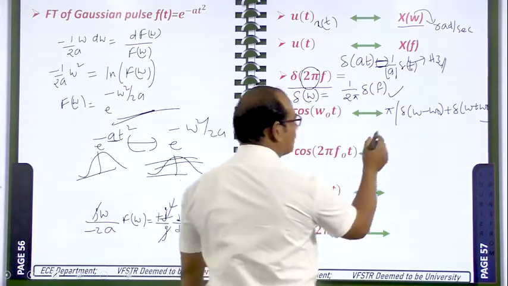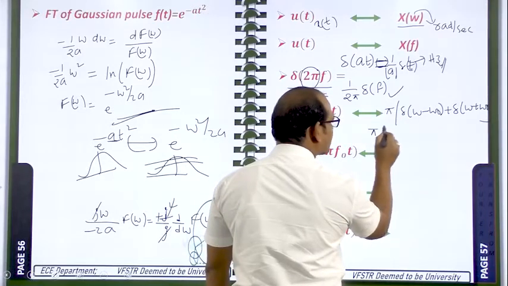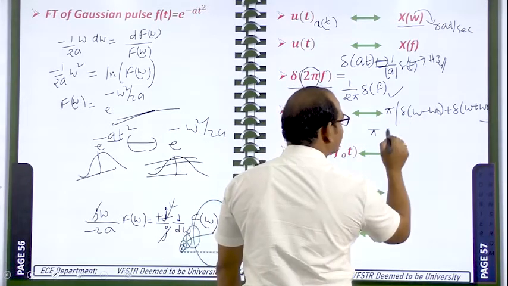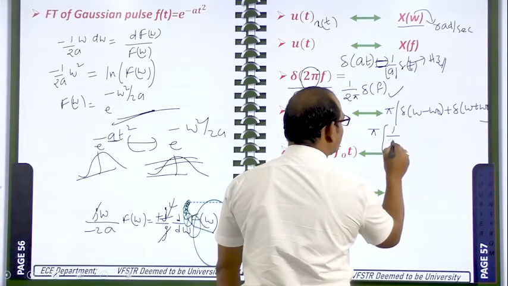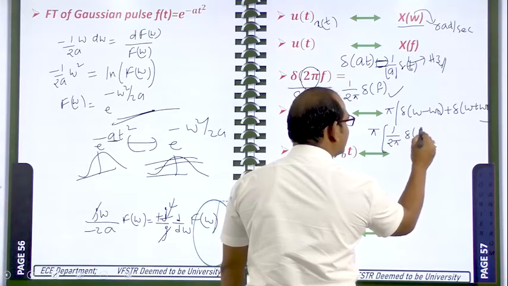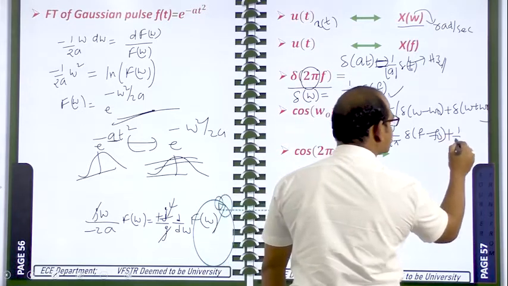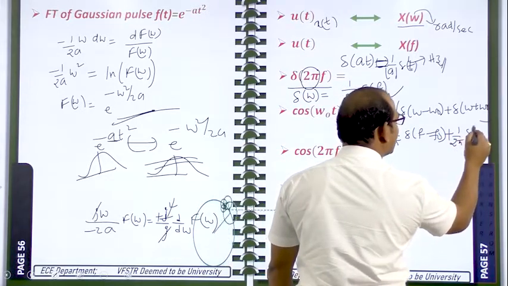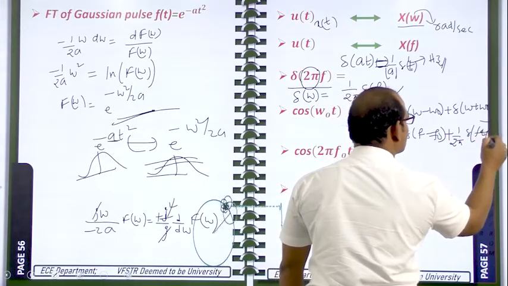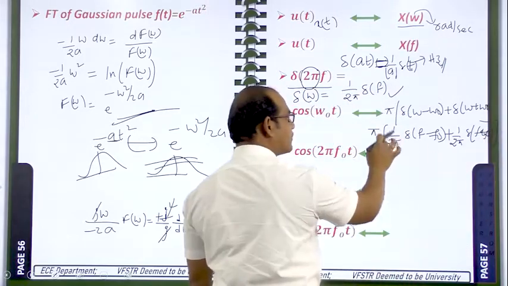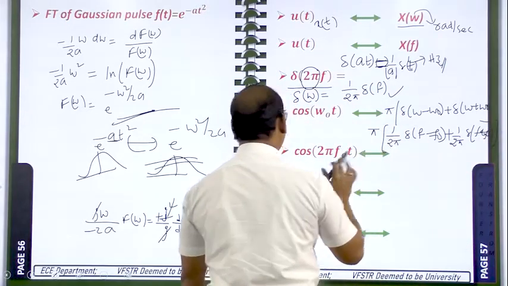Here pi is already there. So delta of omega minus omega naught can be written as 1 by 2 pi delta of f minus f naught, plus delta of omega plus omega naught can be written as 1 by 2 pi delta of f plus f naught. Taking 1 by 2 pi as common, pi will be cancelled.